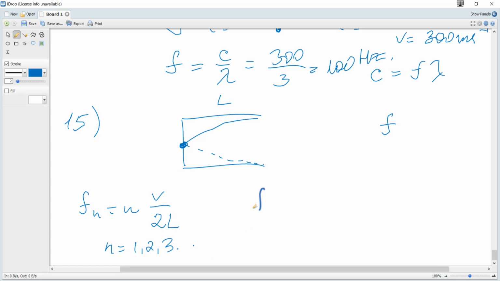And for an open-closed pipe, f is n v over 4L, but n is odd: 1, 3, 5.